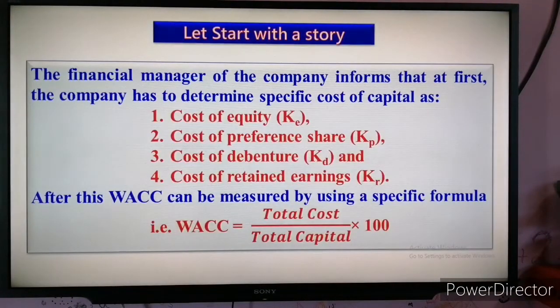So, as a financial manager, what should you do? What is your duty? Your duty is to find the specific cost of capital, that is cost of equity, cost of preference share, cost of debenture, cost of retained earnings. But in this question, there is no retained earnings, so you don't have to calculate it.